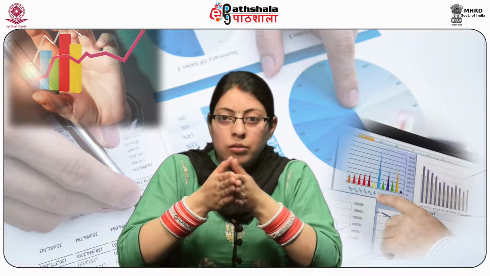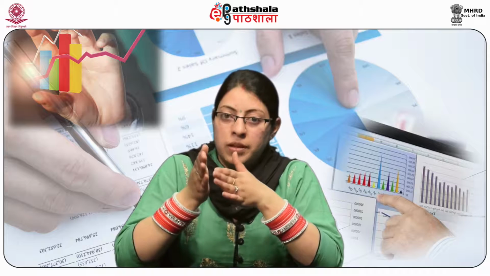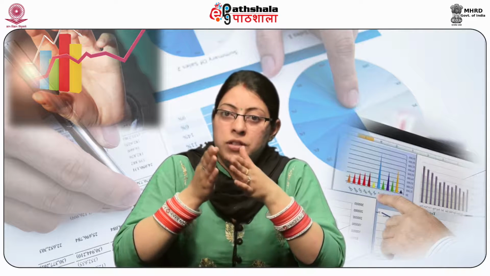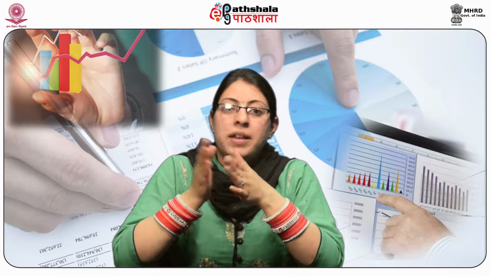Selling and distribution expenses ratio can be calculated by dividing selling and distribution expenses by sales multiplied by 100. Non-operating expenses ratio can be calculated using the following formula, as we divide non-operating expenses by sales multiplied by 100.